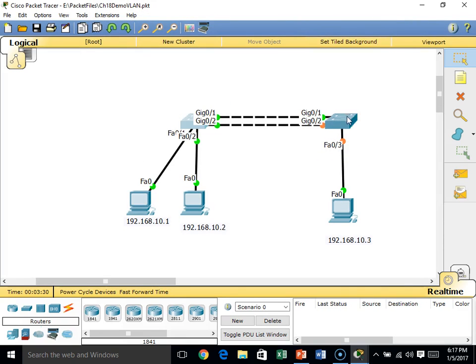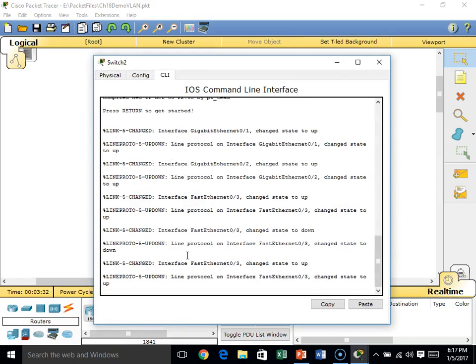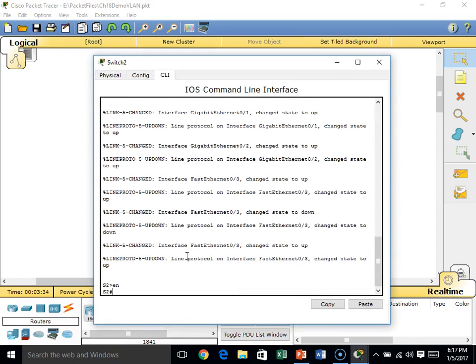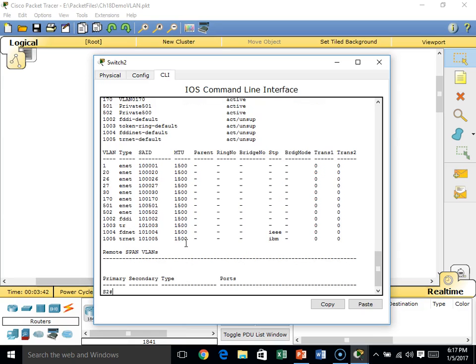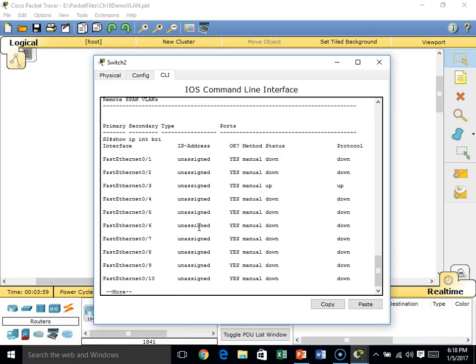Let's go to this other one. Most of the problem actually is over here, I think. And let's do a show VLAN here. And you notice that VLAN 10 is missing. Let's show IP interface brief, just for the heck of it.